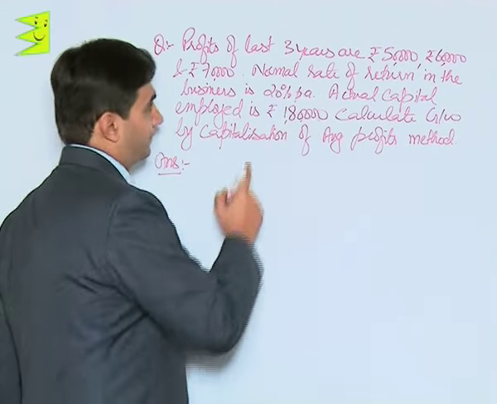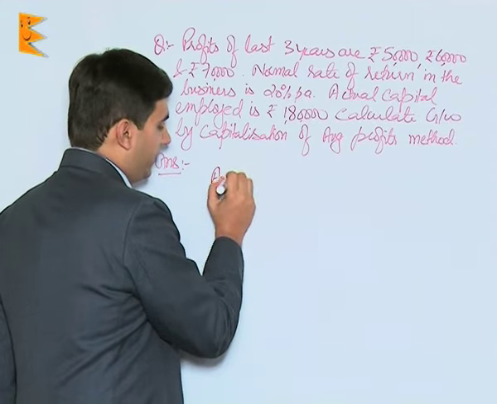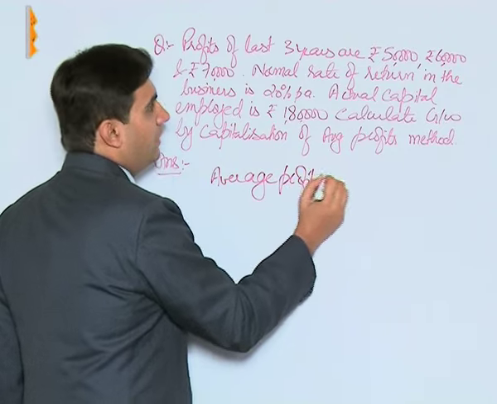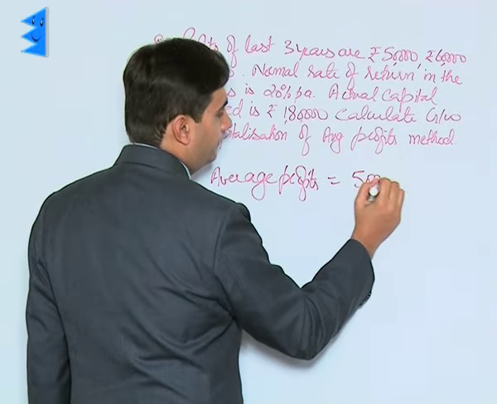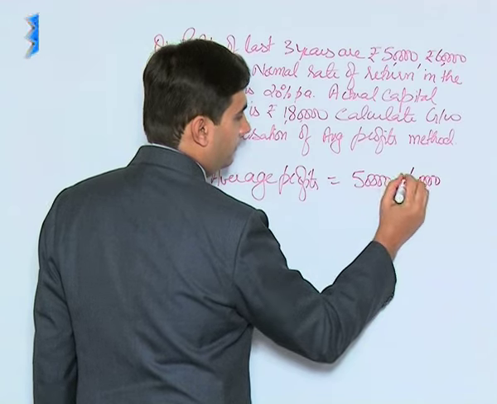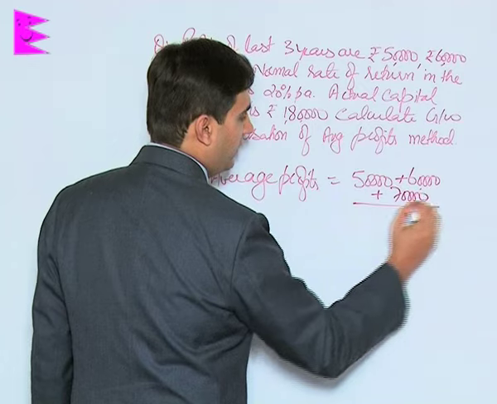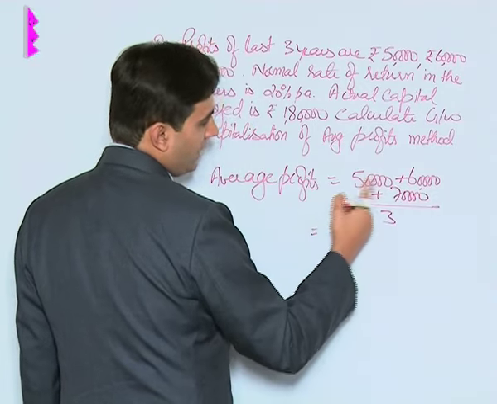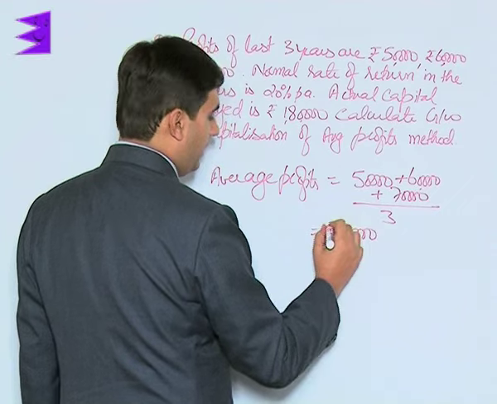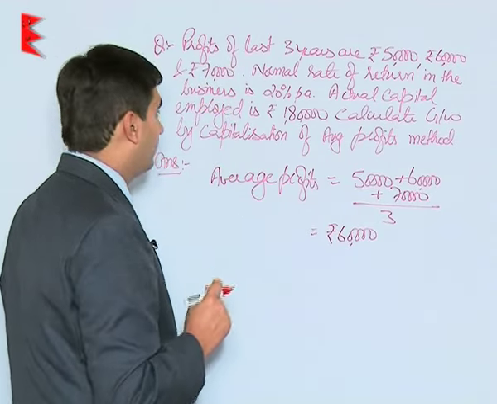So now students, let us calculate the average profits first. Average profits would be equal to 50,000 plus 60,000 plus 70,000, that is for 3 years, divided by 3, which comes to 60,000. That means the average profits for the business are rupees 60,000.